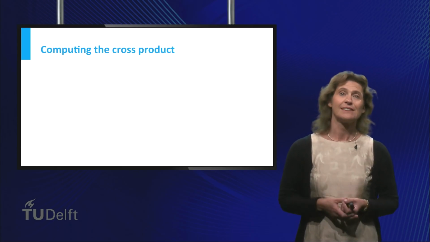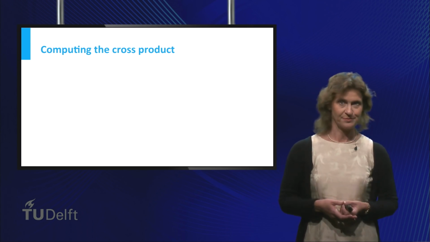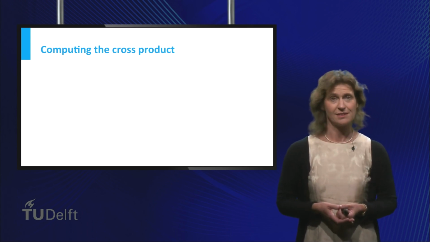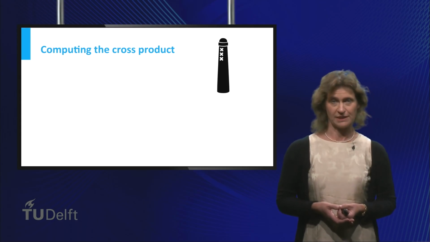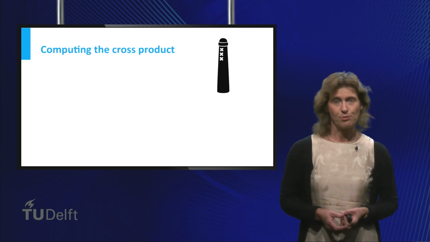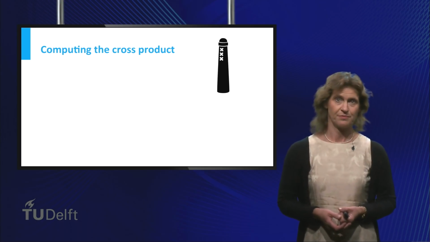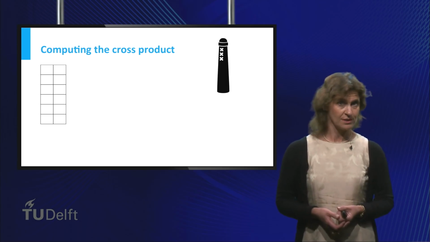Fortunately, there is a procedure to compute the cross product that is really straightforward. I call it the Amsterdam method, because it uses crosses just as on the famous small pillars that can be found in Amsterdam. Let's do an example with our vectors u and v. Write down a table with 2 columns and 6 rows.